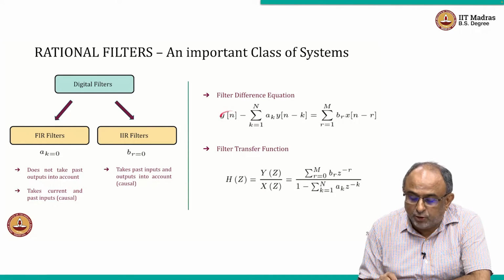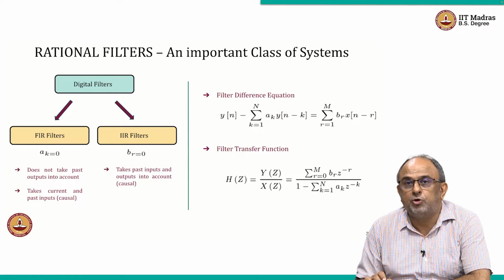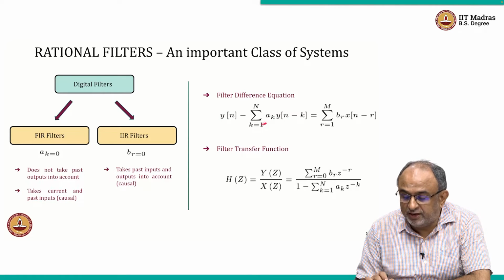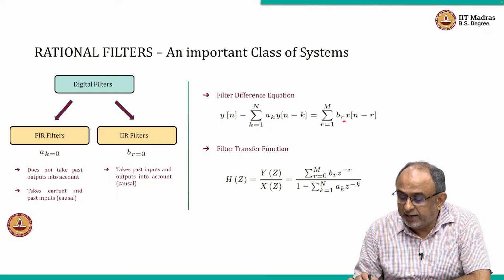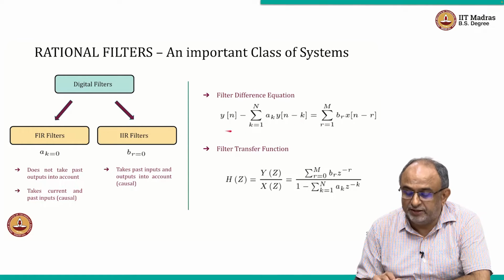The output at the nth sample is some linear combination of the previous capital N output samples and the input samples also. So, many systems can be described by this equation.